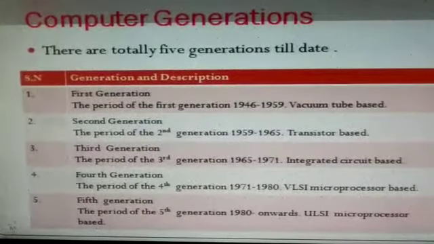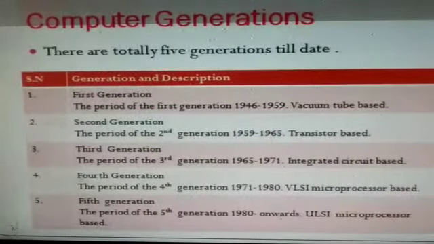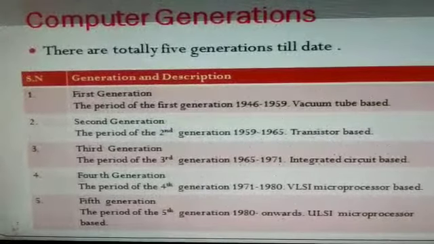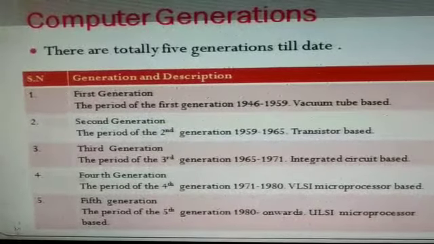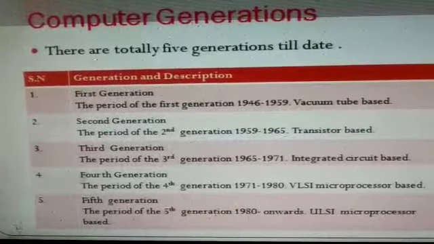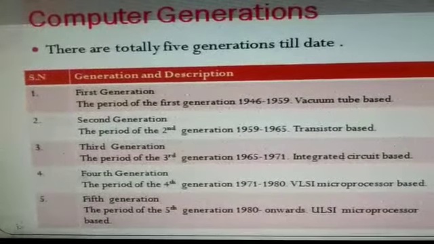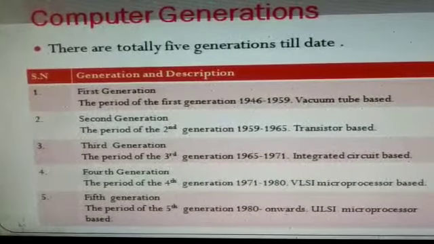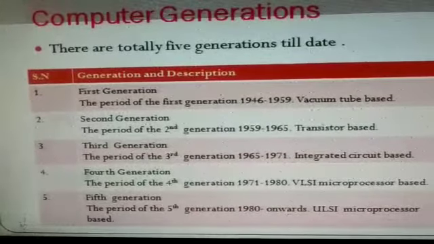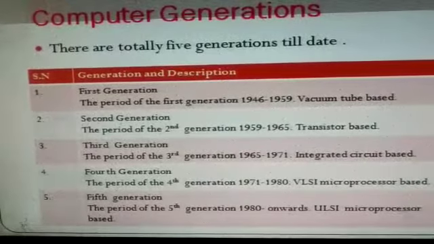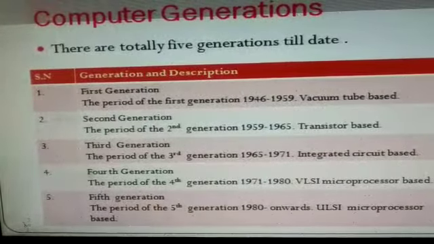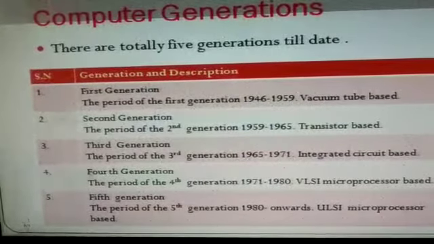Third generation, the period of the third generation computer is 1965 to 1971 and in this generation we use integrated circuits. Fourth generation, the period is 1971 to 1980 and it is VLSI microprocessor based. Here VLSI stands for very large scale integrated.